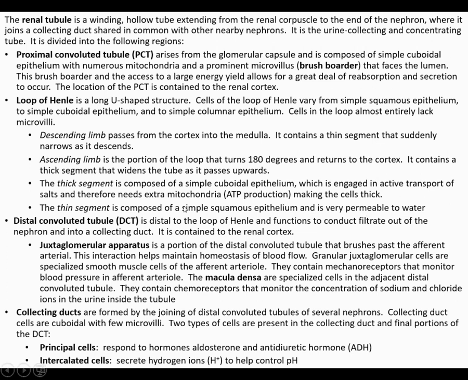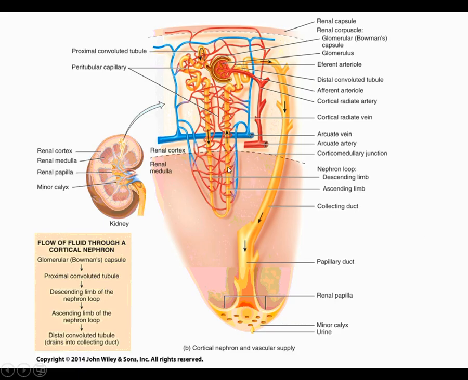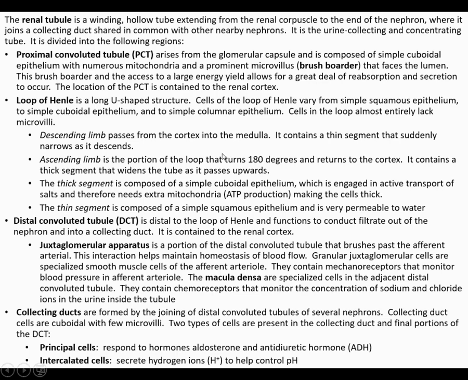Okay. They're thin because the cells here are simple squamous, which means that the cells are a single layer thick and flat, plate-like. Whereas the thicker segments, which you can see right over here in our ascending limb, are all real thick. The cells there are cuboidal, but they're bigger and thicker because the cells have a lot of mitochondria in order to produce ATP, and because they're undergoing what's called active transport.